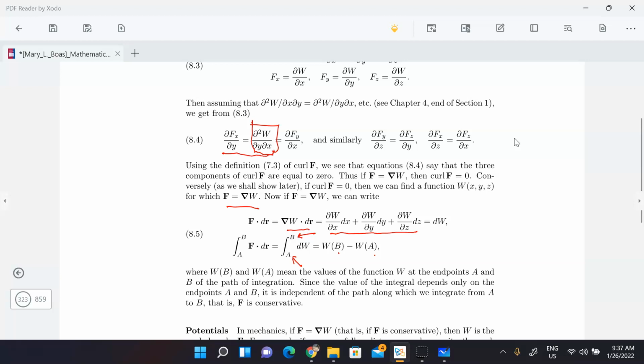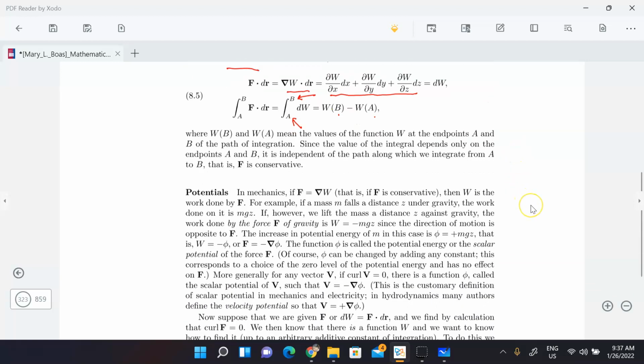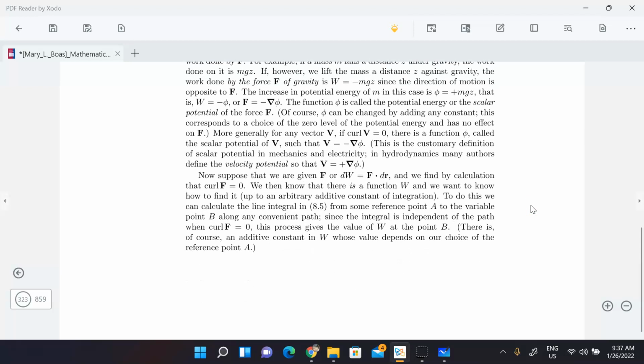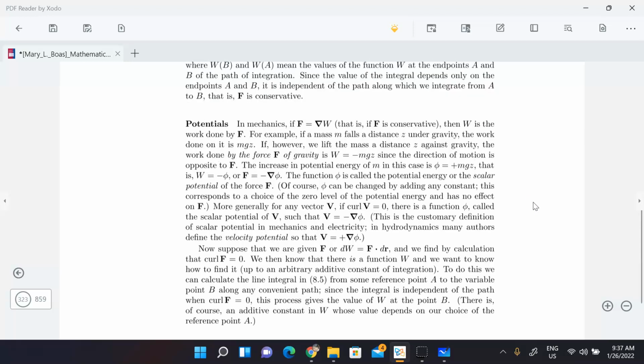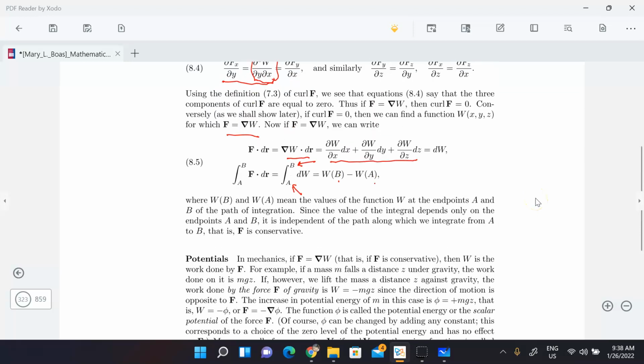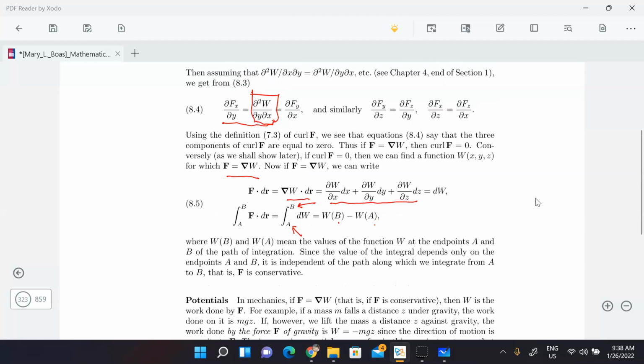So this may break down, and this kind of relation is sometimes called, I think it's mentioned over here somewhere. I can't remember, maybe it's the next page.